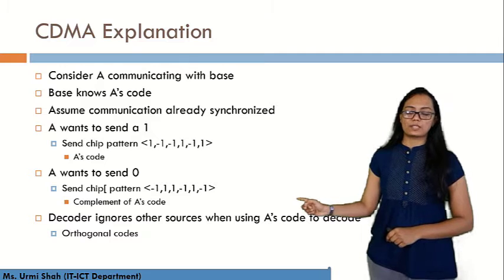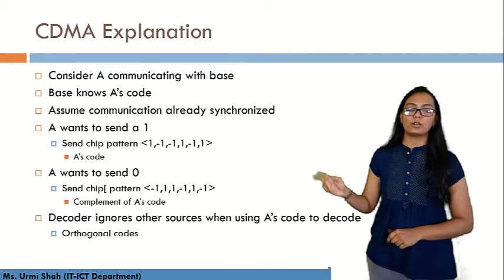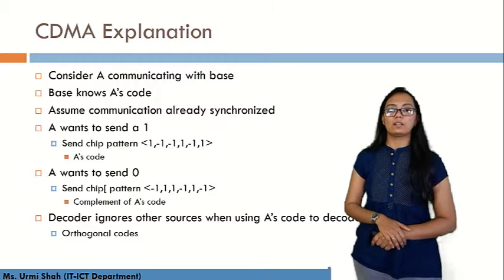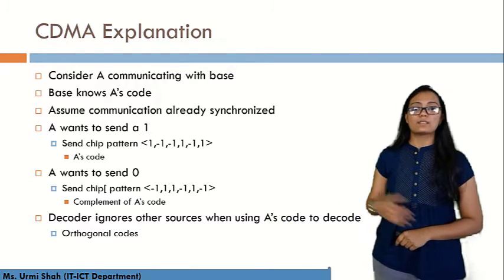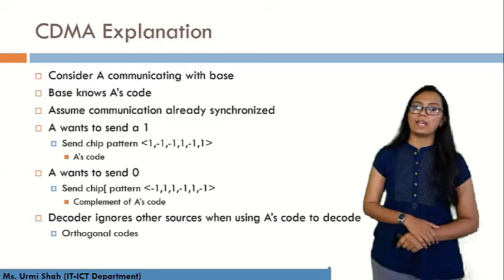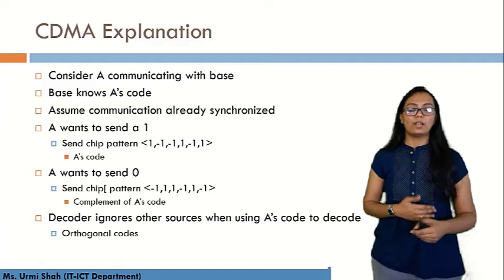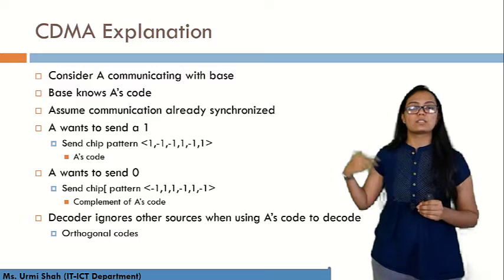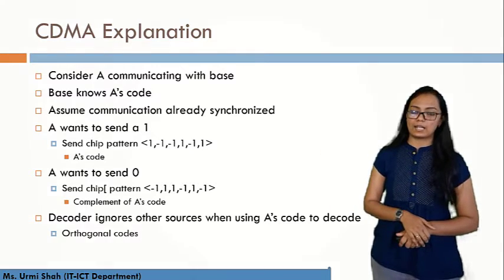For sending 0, we perform the complement of A's code. The decoder ignores other sources whenever we are using A's code to decode, and orthogonal codes are one of the best examples for this CDMA explanation.